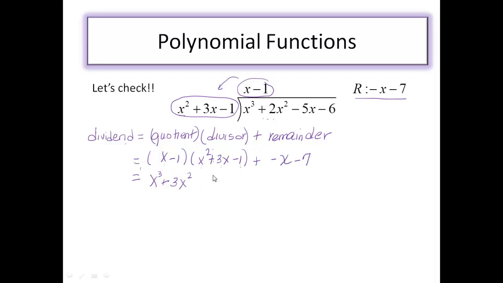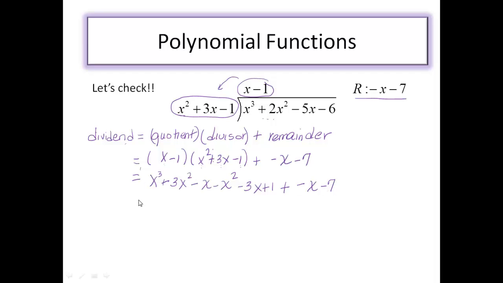And x times negative 1 is minus x. Now I take my negative 1 here, and I multiply negative 1 times x squared, that's negative x squared. Negative 1 times 3x, negative 3x. And negative 1 times negative 1, that's plus 1. And I bring down my remainder. I'm going to add plus negative x minus 7.